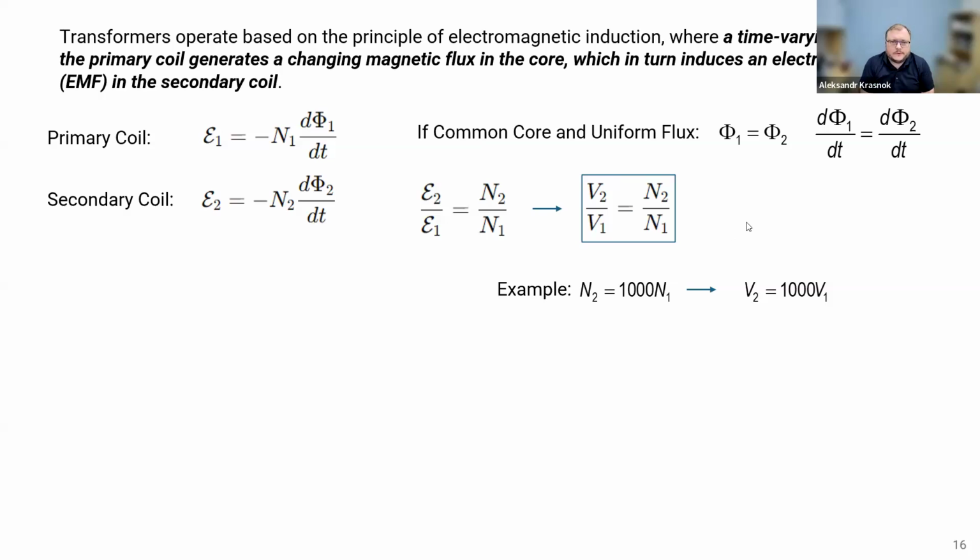Let us, as an example, take a case when the winding number in the second coil is 1000 times the winding number in the first coil. Doing this, we come to the conclusion that this transformer will raise the voltage by a factor of 1000. So if in my primary coil I apply maybe just 1 volt, in the second coil I will get 1000 volts.